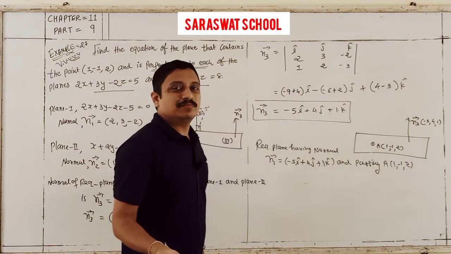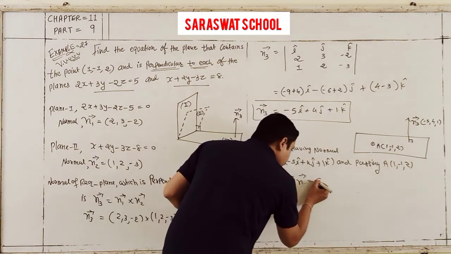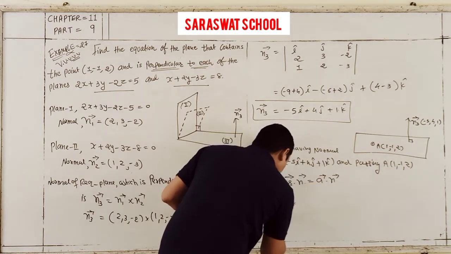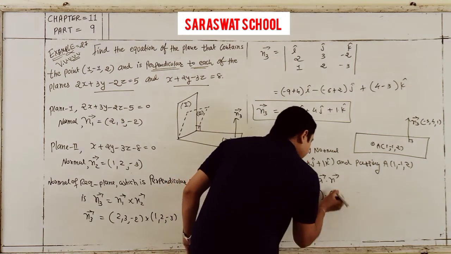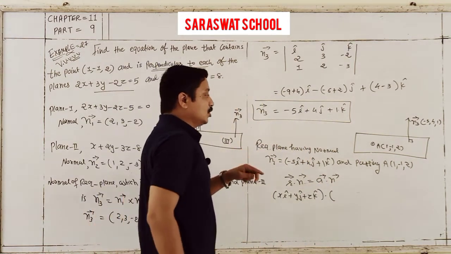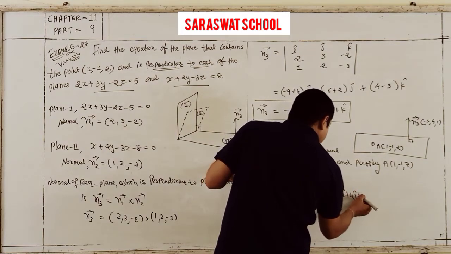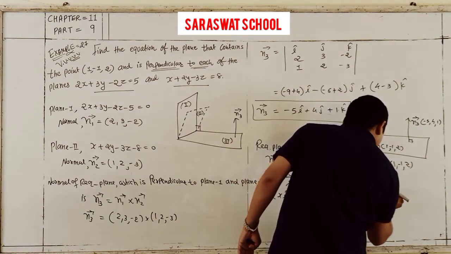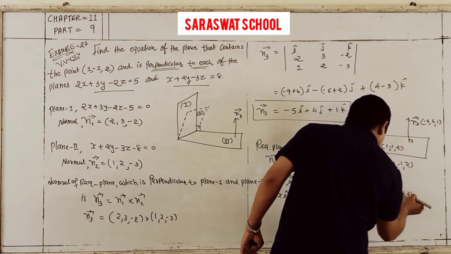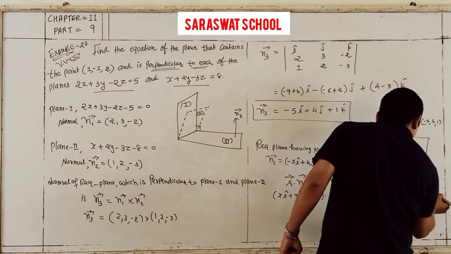The equation of a plane, students know, is r dot n equals a dot n. Here r is xi, yj, zk dot n, where n is the normal, minus 5i, 4j, 1k, equals the passing point 1i minus 1j, 2k, and here also the same minus 5i, 4j, and 1k.